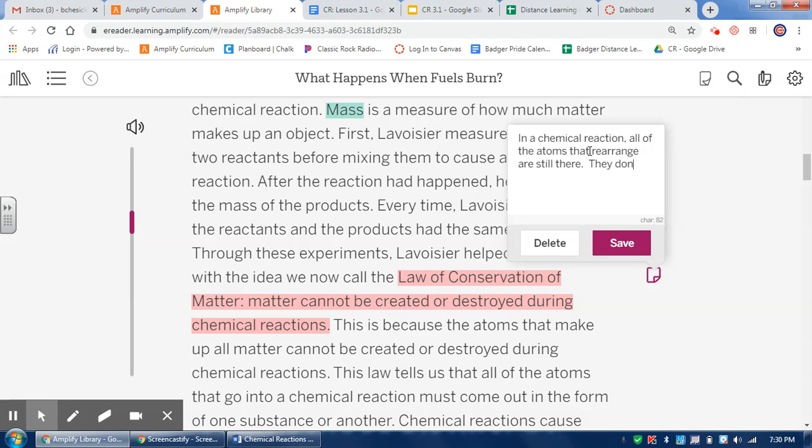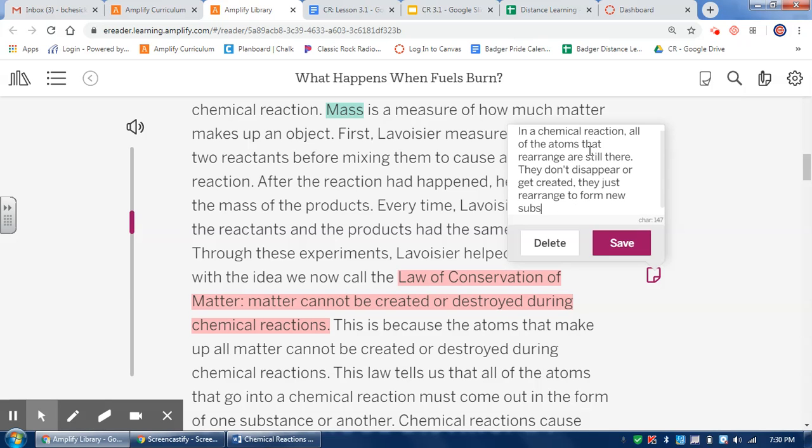They don't disappear or get created. They just rearrange to form new substances. Okay, and remember that's a lot to type, and I did that pretty quickly. But you can pause so that you can get this written down if you'd like to.